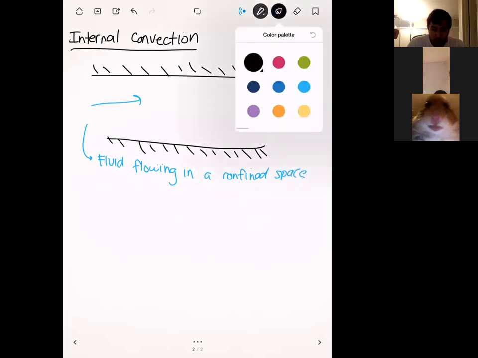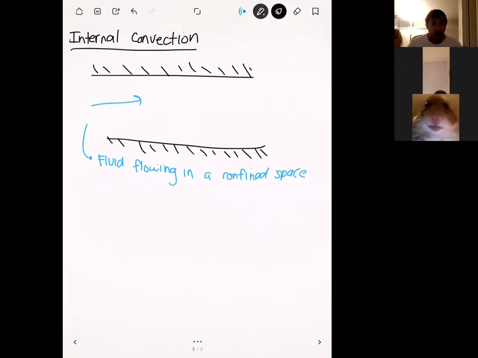This is different than external convection, where everything was kind of free. Now our space is confined, and whatever heat goes in and out, the fluid can really feel that.